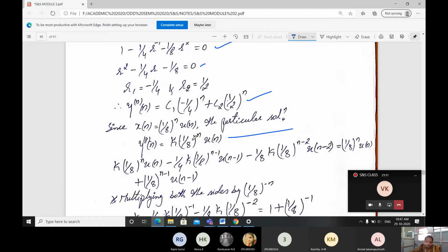Then here, k into (1 by 8) power n u of n minus 1 by 4 k (1 by 8) power n minus 1 u of n minus 1 minus 1 by 8 k (1 by 8) power n minus 2 u of n minus 2, that is equal to (1 by 8) power n u of n plus (1 by 8) power n minus 1 u of n minus 1.